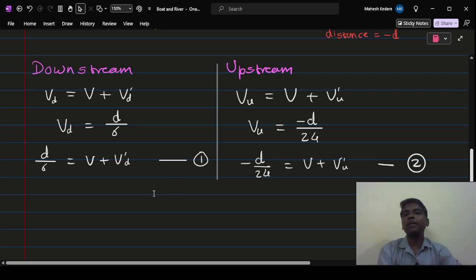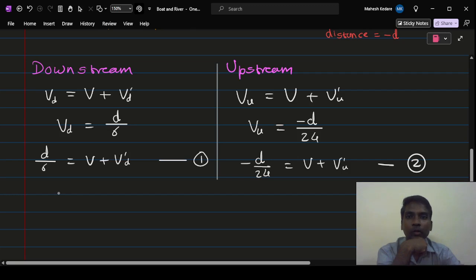In mathematical calculation, we always try to reduce the number of unknowns. The speed of river flow, denoted by V, is present in both equations and is among the unknowns of the problem. We are not given the speed of river flow. So we should try to eliminate V by using the two equations. And it can be readily seen that if we subtract equation 2 from equation 1, then V will disappear from the resulting equation.